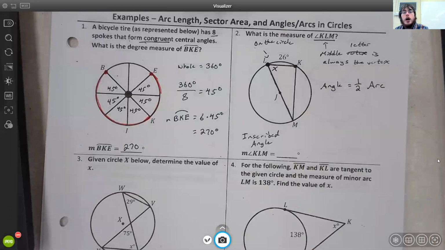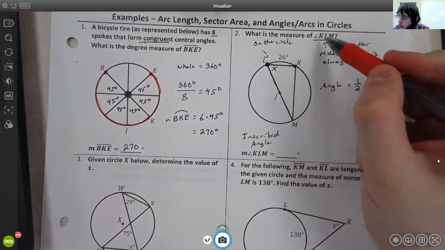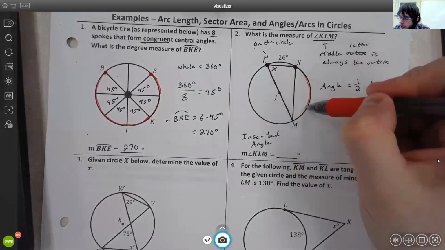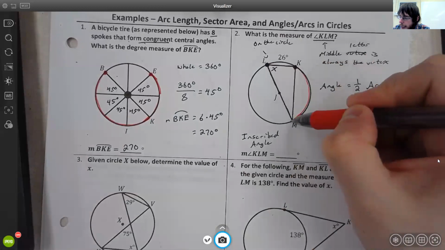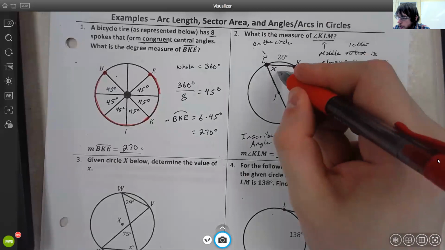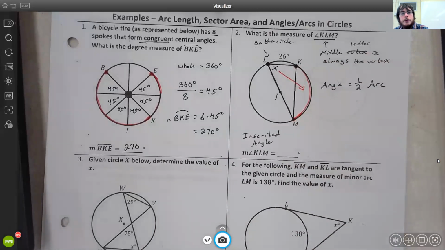Now, to determine what arc it intercepts, which one it belongs to, you need to start with the first letter, and then you go immediately to the last letter. So K to M is the arc that goes with X here.